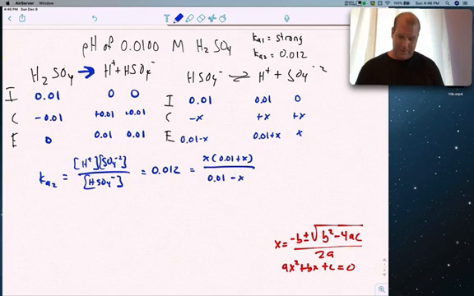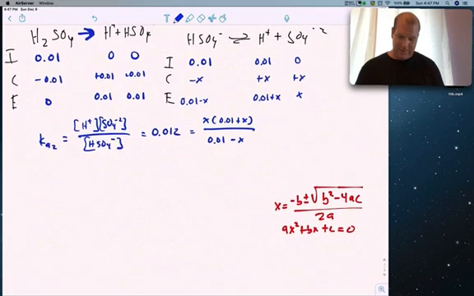We can't disregard x, unfortunately. So we have to solve with the quadratic formula. So let's go ahead and do some math. 0.012 times the quantity 0.01 minus x equals x times 0.01 plus x.